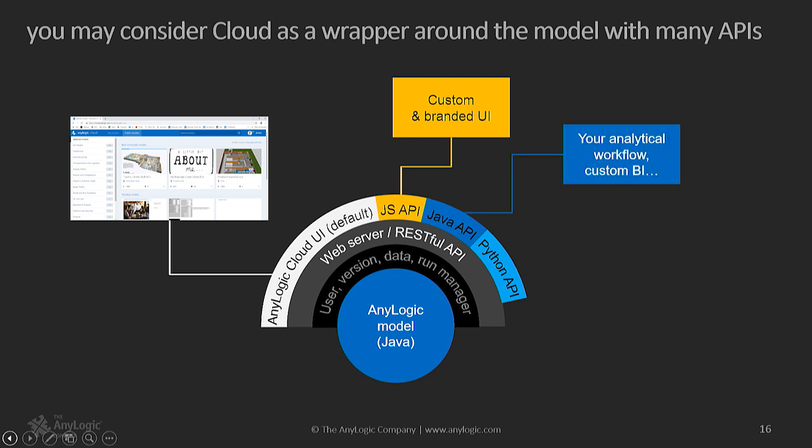And then there are Java API and Python API, which you can further use to incorporate cloud-based models into your, let's say, analytical workflows, or like training environments for your neural networks, whatever.